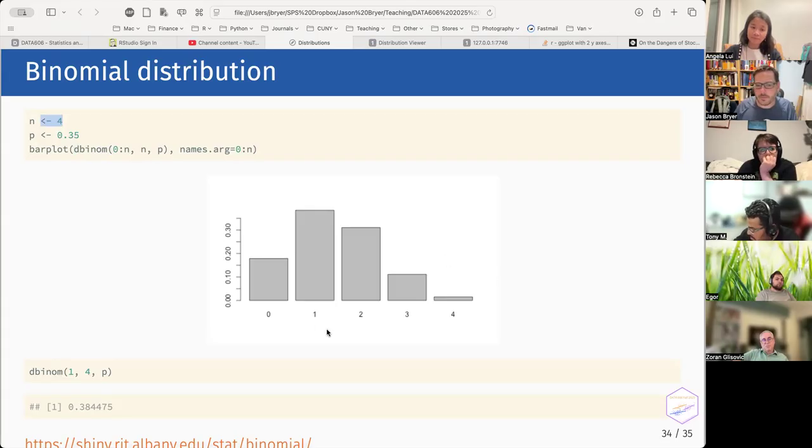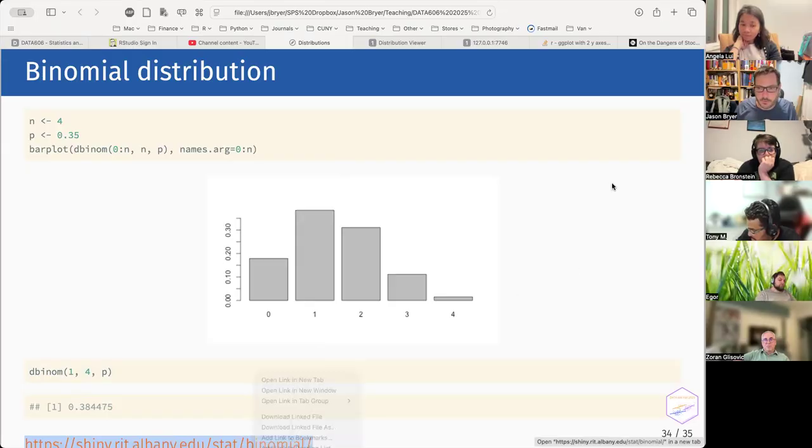This is the full binomial distribution. Our question before was, what's the probability of getting 1 success in 4 trials? It's 38%. The probability of no successes is about 18 percent. The probability of 2, 3, and 4 is extremely unlikely, especially getting 4 successes given that probability of success.